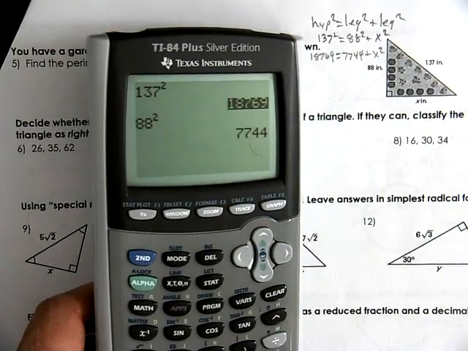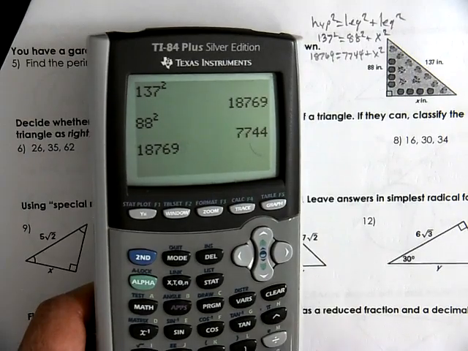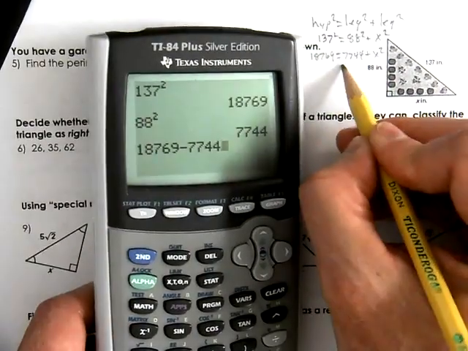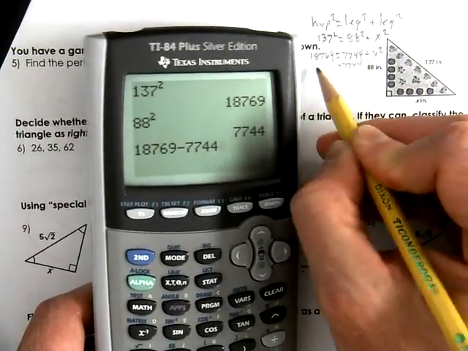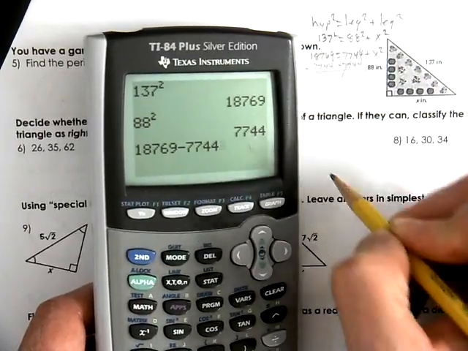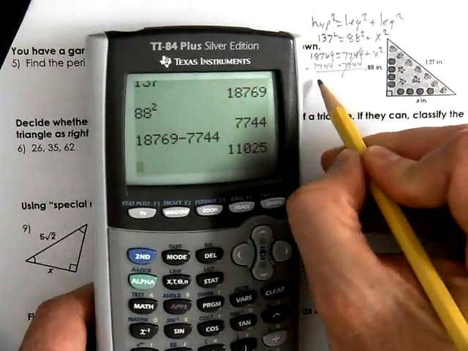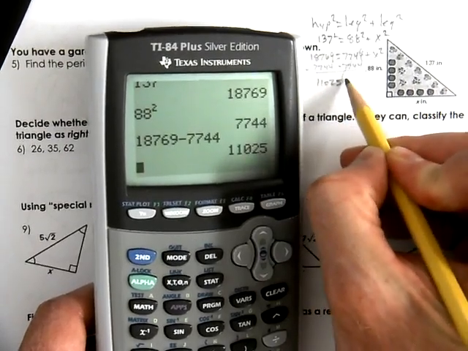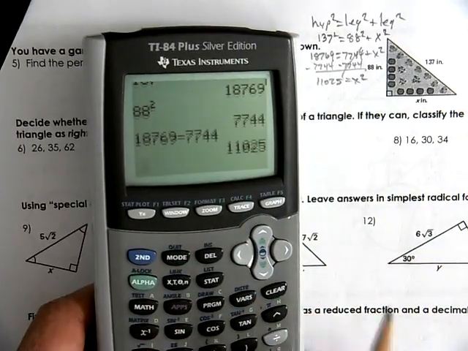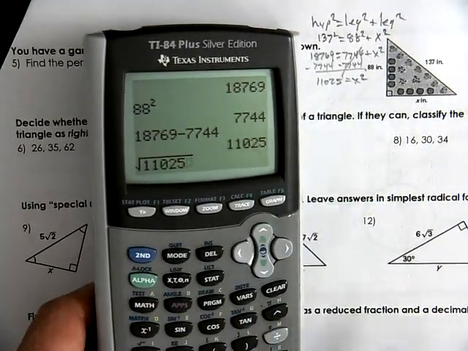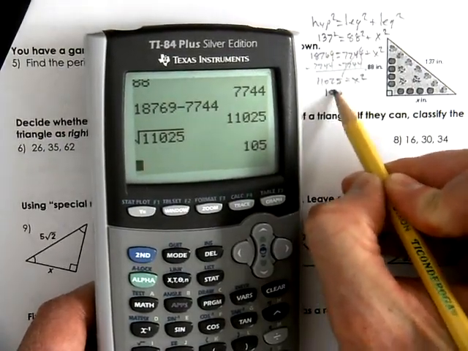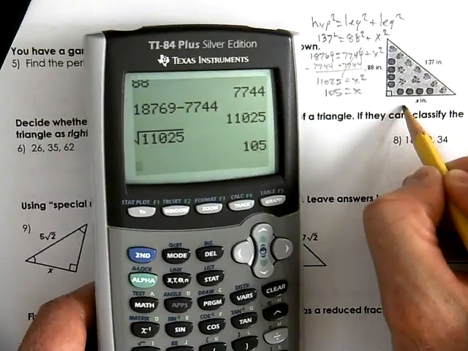So I'm going to take that number and subtract that number, subtract it across. And I'm going to take the square root of that number. And 105 is what x is.